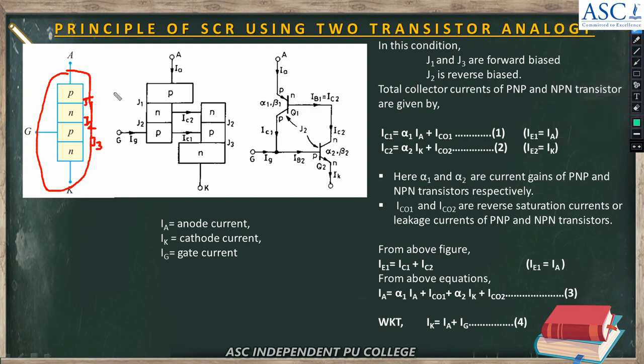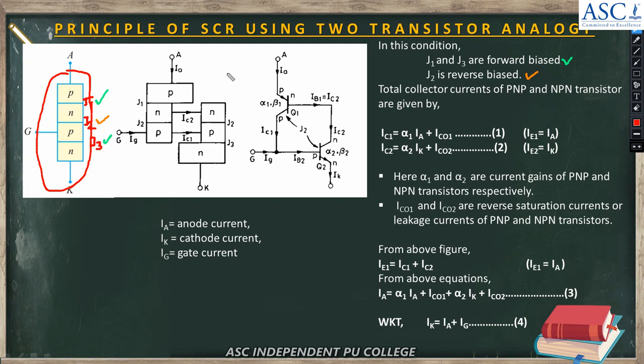Junctions J1 and J3 are forward biased, and junction J2 is reverse biased.